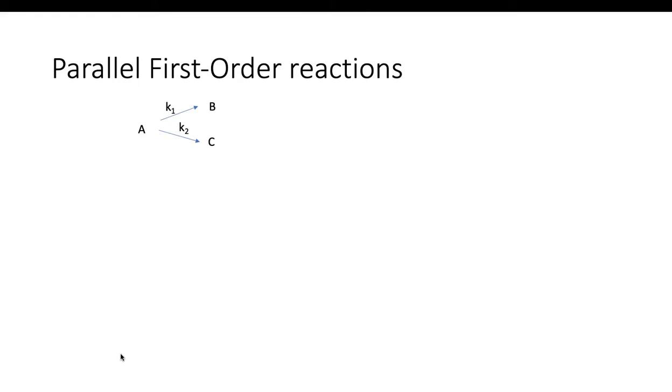Okay, so now let's look at something a little more interesting: competitive reactions. So we've got two different products from one reactant. We're going to do first order reactions. So let's write the rate law.